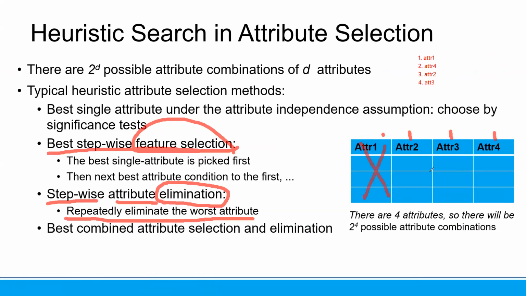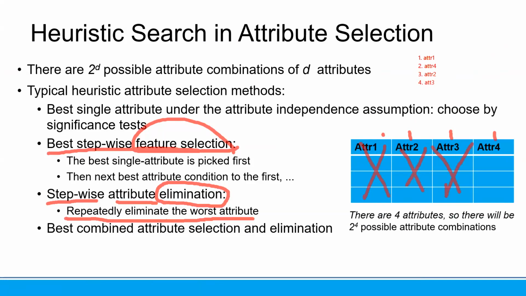Then we calculate again and check which one is the worst. Maybe attribute 3 is the worst, so we remove it. Maybe next is attribute 2, so we remove it. Then maybe the only good attribute is attribute 4, so we will use only attribute 4. This is what we call attribute elimination.